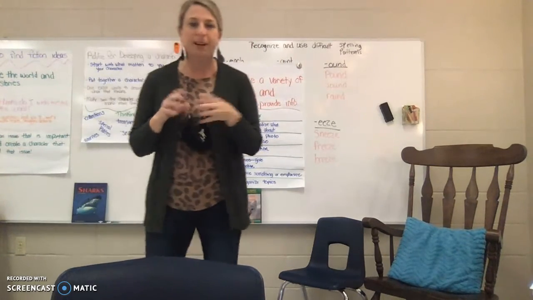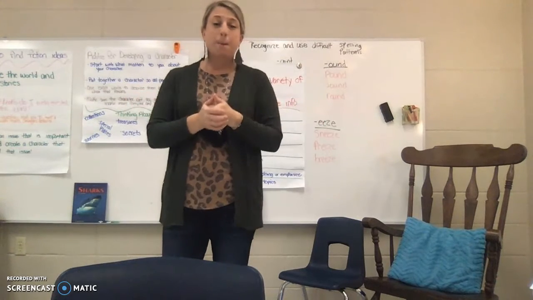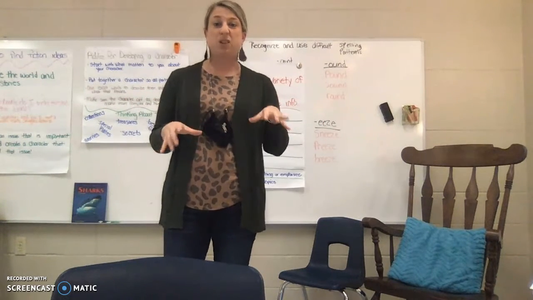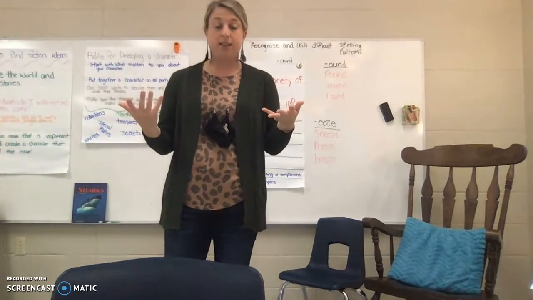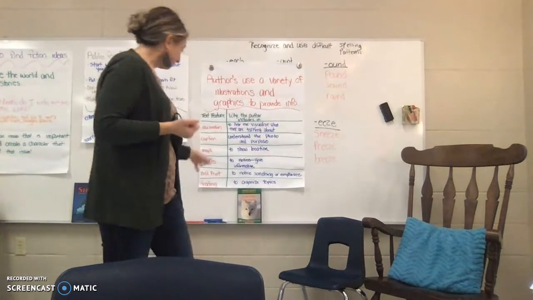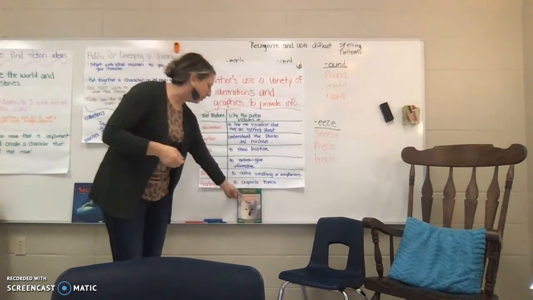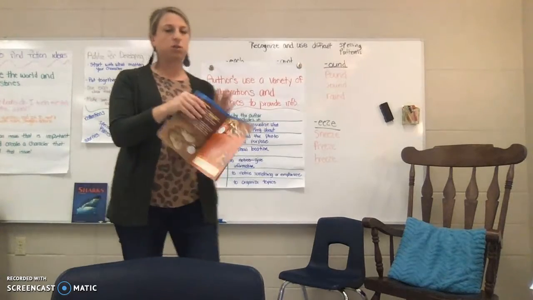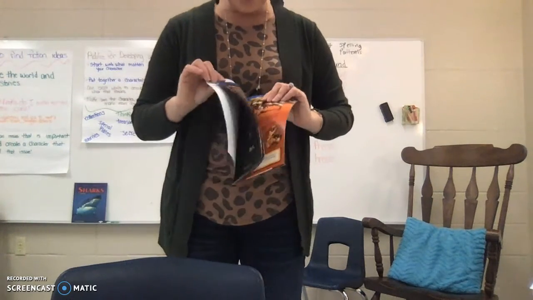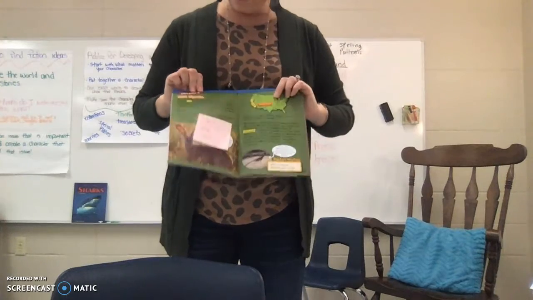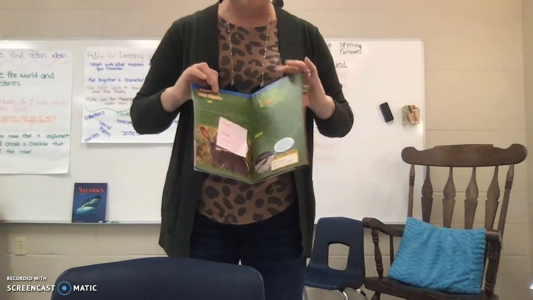When they use bold print, it's usually for vocabulary words, but sometimes they're emphasizing a word so that I know it's important and I can understand the importance of it. And then a heading within a story. Remember, a heading within a story is at the top of the section, as this would be a subheading, and it's going to tell me what that chapter is going to be about.